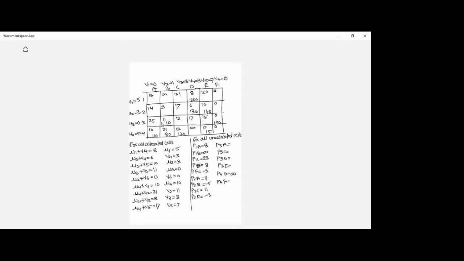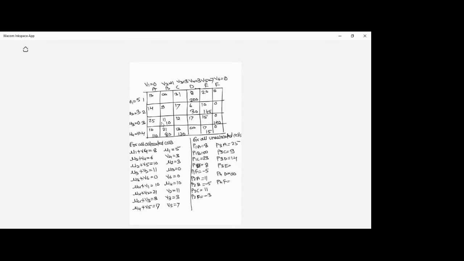So P3A is 0 plus 0 is 0, 25 minus 0 is 25. P3C is 0 plus 3 is 3, and 12 minus 3 is 9. P3D is 0 plus 3 is 3, 17 minus 3 is 14.